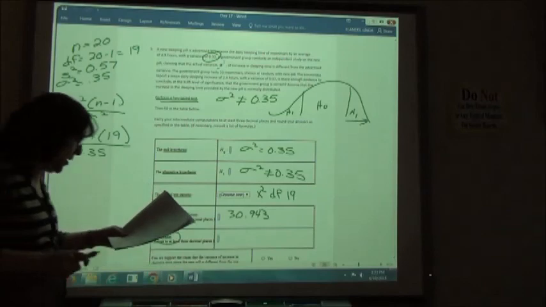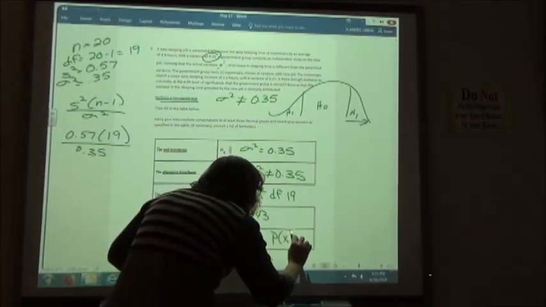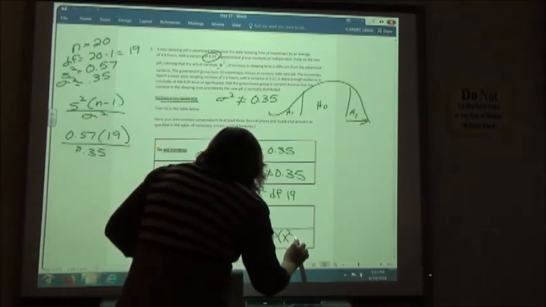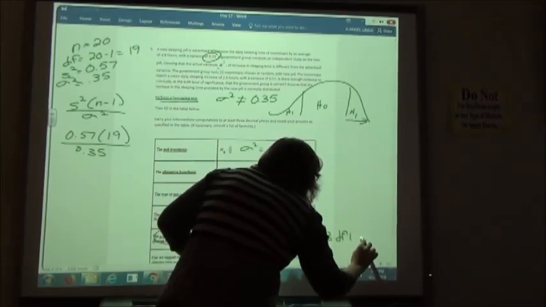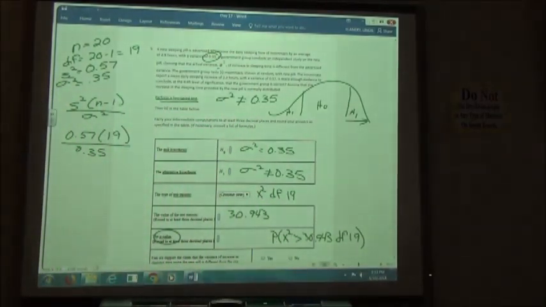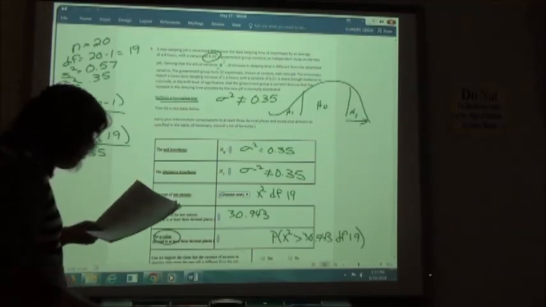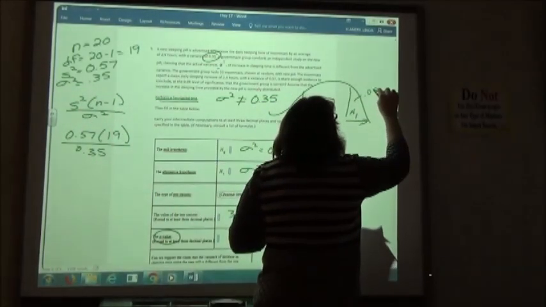So on our calculator, we're doing p of chi-squared is greater than our 30.943 with a degree of freedom of 19. 0.041.